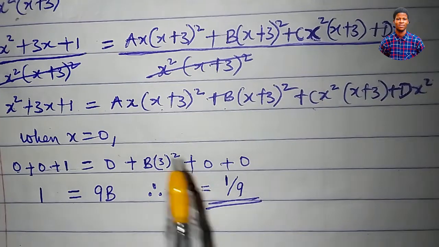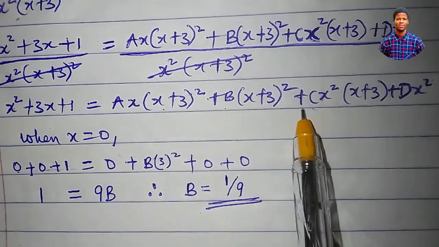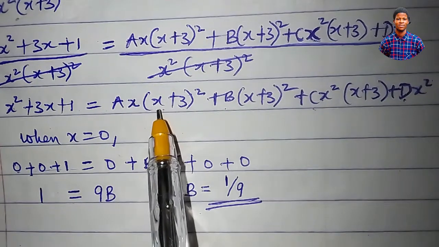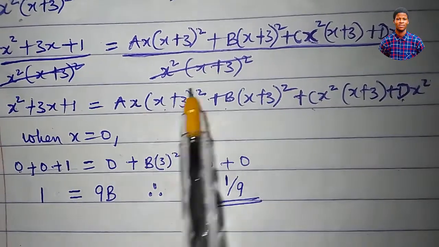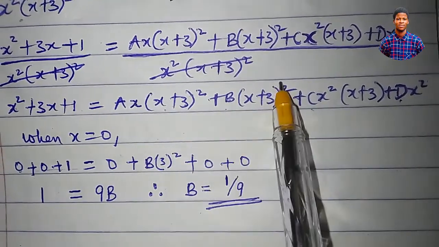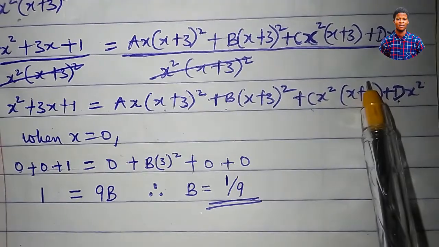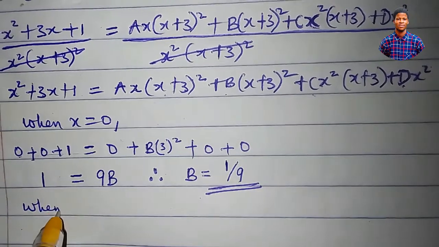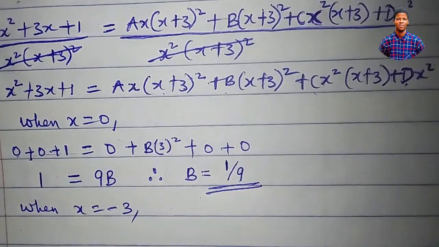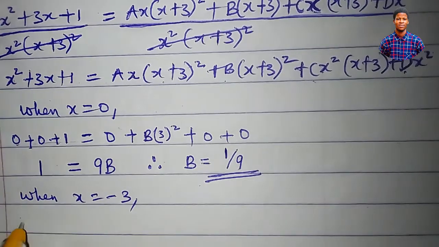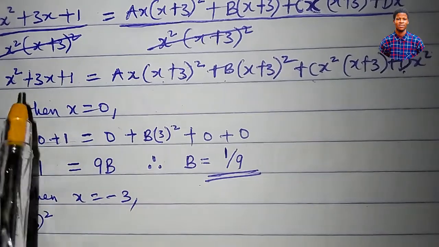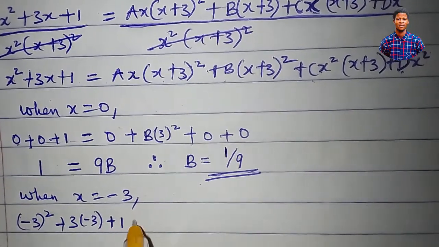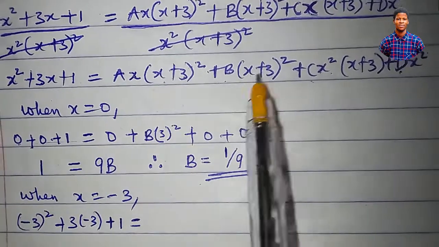What value of x are we going to plug in to make all other expressions disappear except d? If we plug in minus 3 for x, minus 3 plus 3 is 0. This will go. Minus 3 plus 3 is also 0. Minus 3 plus 3 is 0. That is to say, these first three expressions will leave. So when x is equal to minus 3, we have minus 3 squared plus 3 times minus 3 plus 1 is equal to 0, 0, 0.